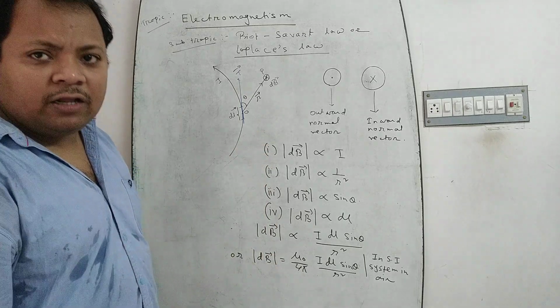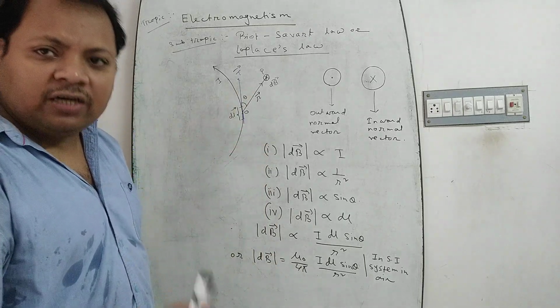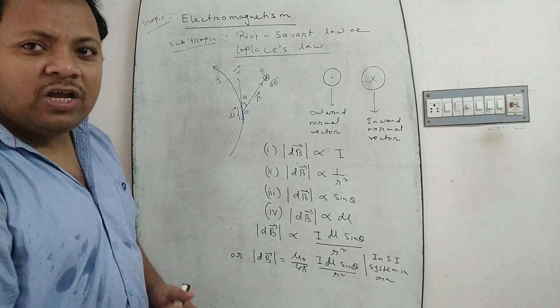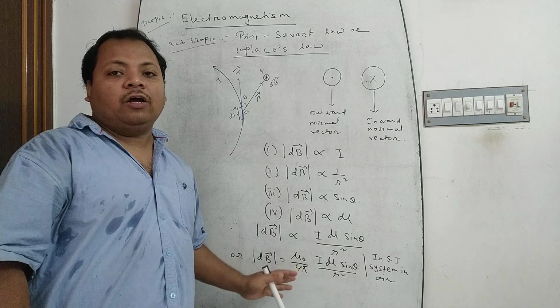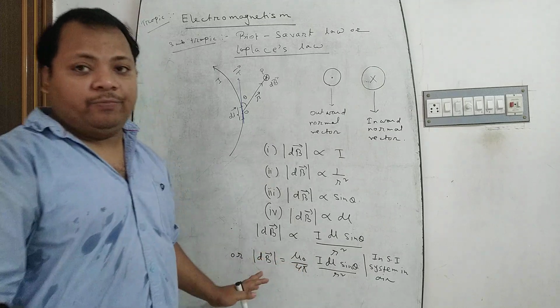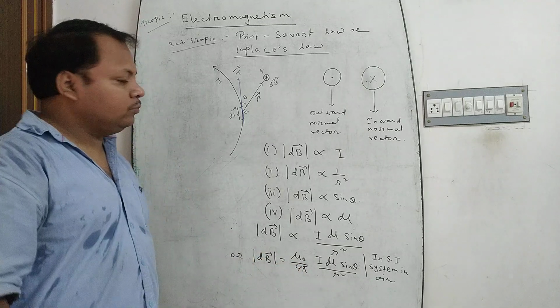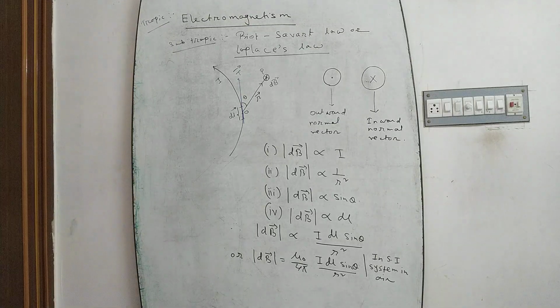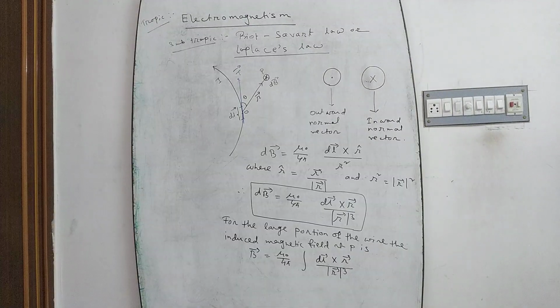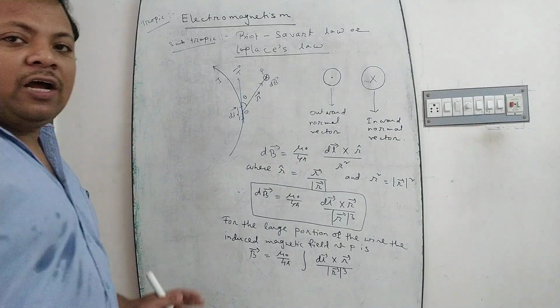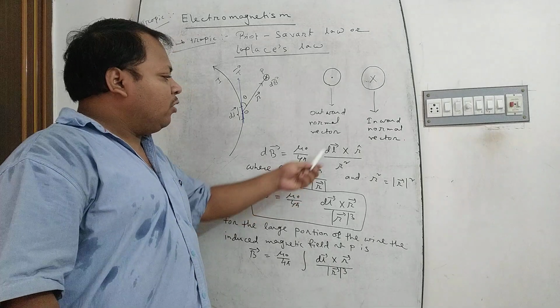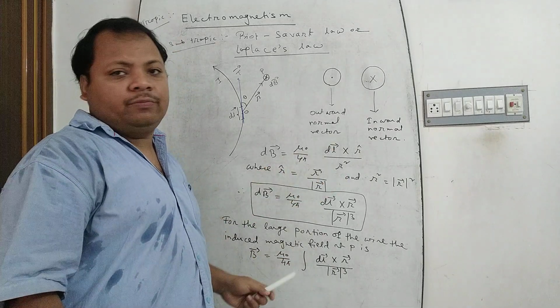You know that the induced magnetic field is a vector quantity. That's why we have to write the vector form of dB. Since sin theta is present in this formula, the cross product must be applied.